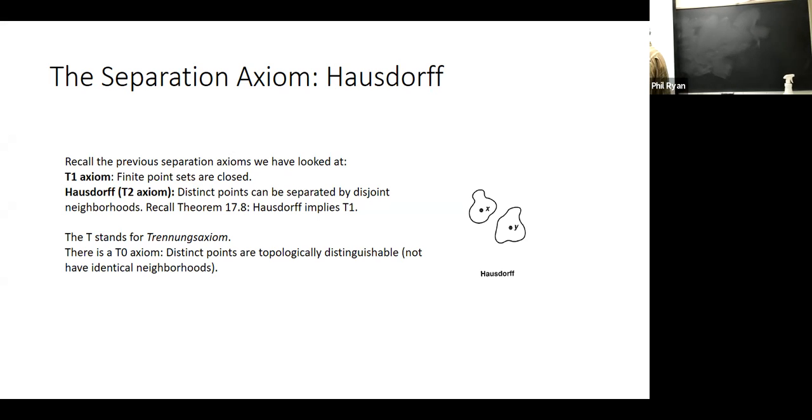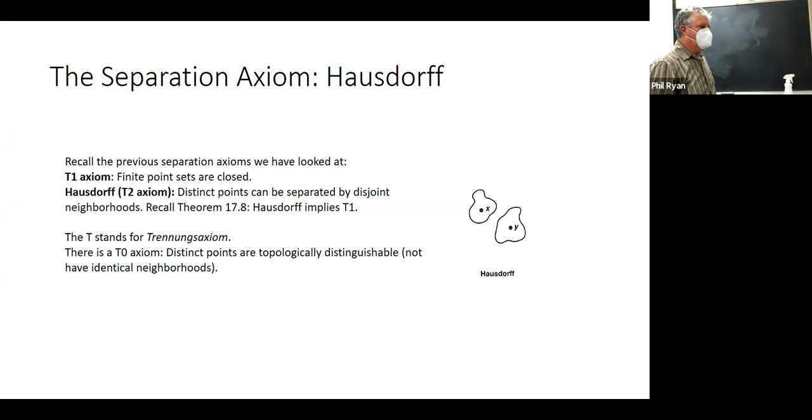For example, the indiscrete topology is not T0, because there's only the empty set and the whole set, so we can't tell the points apart.